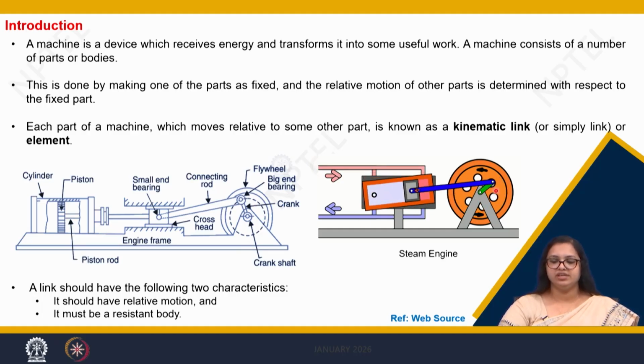However, if we see the crank or the connecting rod or the piston, they have certain relative motion to one another, and such elements which have relative motion to one another or are a resistant body, we call a kinematic link, which has the capability to receive energy and transform it into some useful work.